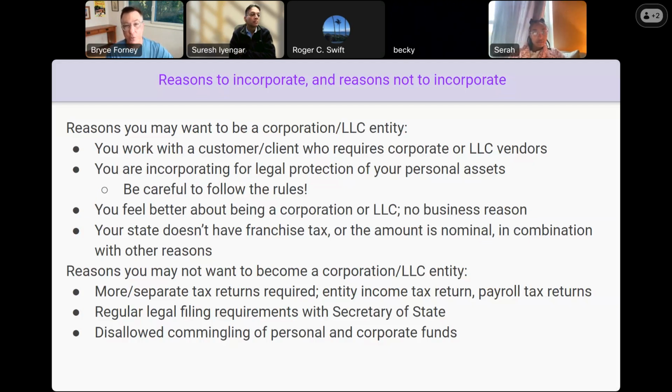There's quite a bit of formality around that. It's not as simple as a sole proprietor being able to transfer money willy-nilly, or a sole proprietor doesn't even really need to have a separate business account. If you can separate business and personal transactions, you could technically, not recommended, but you could technically operate out of a personal bank account.